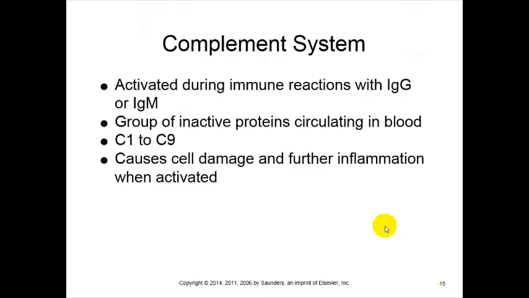The complement system is activated, I talked about this a while ago, by either the IgG or the IgM antibodies or immunoglobulins. This complement system consists of several different proteins that are all circulating separately in the blood. There's 9 of them. C1, 2, 3, 4, 5, 6, 7, 8, 9.